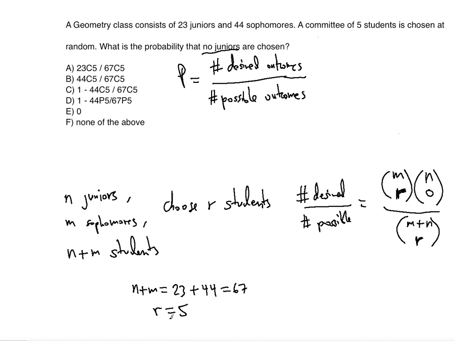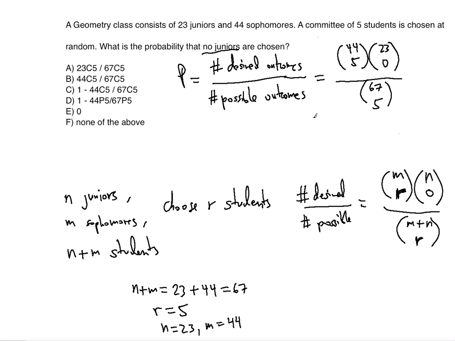Okay. N is equal to 23 and M is equal to 44. Okay, so simply it's going to be 44 choose 5, times 23 choose 0, and dividing it over by 67 choose 5.